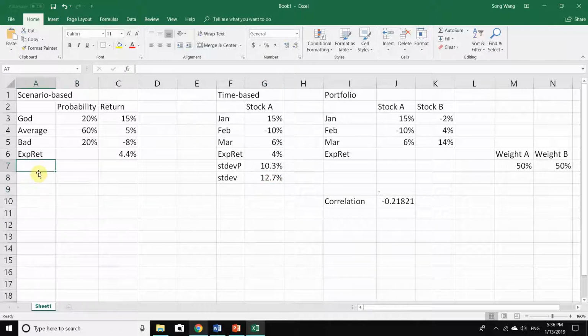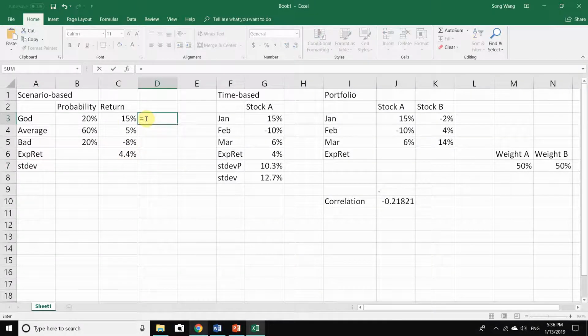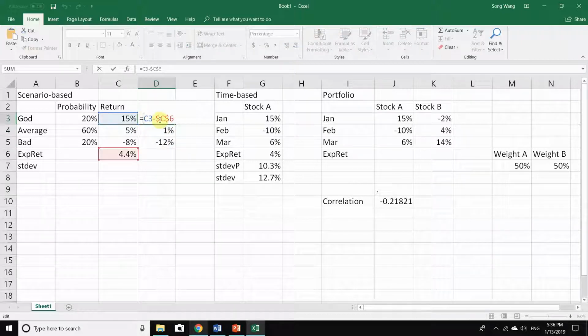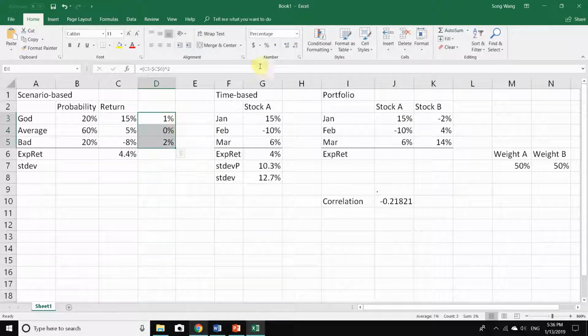And to get the standard deviation of a scenario-based set, that's pretty tough to do. Because you need to use each return minus the expected return to get a deviation, and then you get 3 deviations, and then that's not enough. You need to take the square of each deviation to get a squared deviation. So that's a pretty tedious process.